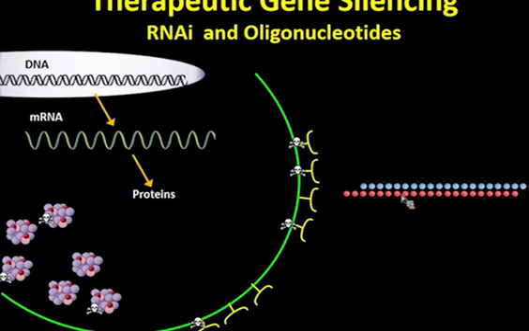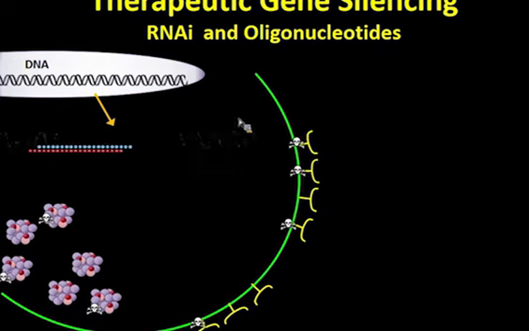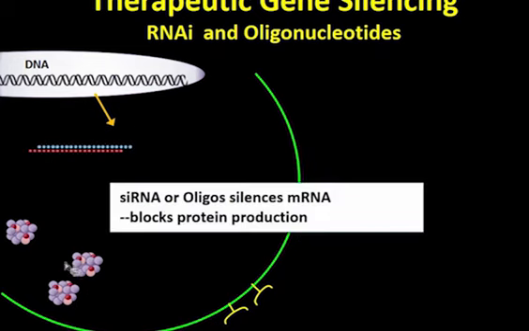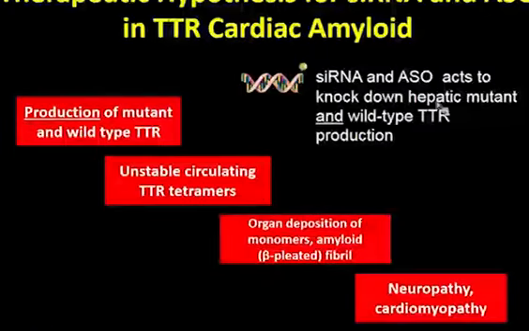These drugs are usually administered by a subcutaneous shot or intravenous injection, and they find their way to the spot in the liver where the protein's being made. They stop the protein from being made, and they block the production of the protein. So your transthyretin level in your bloodstream goes way, way down. If normal is 20, it goes to 2, 3, or 4. There's a 90% suppression.